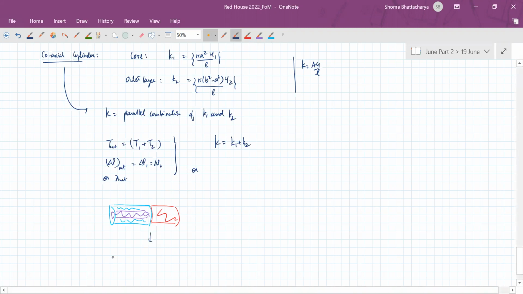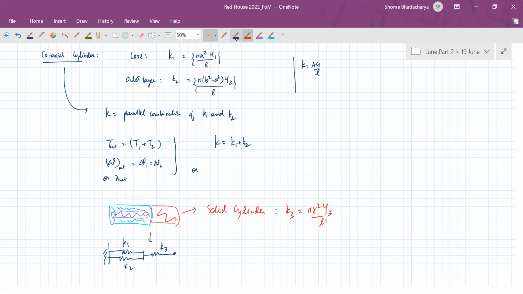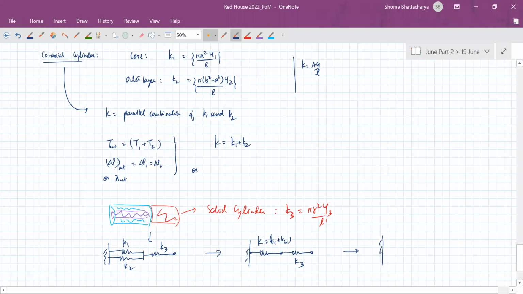So we will first convert this into this kind of a combination, and then like this.